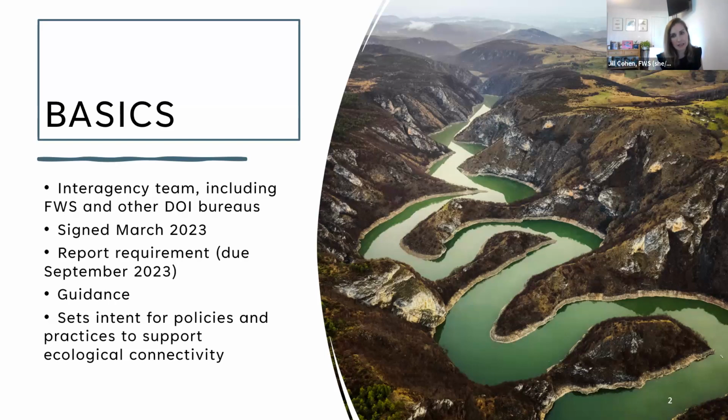It is a guidance document, so it does not itself create any new authorities or policies, but it does provide, and I'll go into more detail on this, a lot of incentives and guidance and ideas for how individual agencies and even bureaus within agencies can better incorporate corridors and connectivity into their work. And it is an element of both policies and practices, as I can detail here.